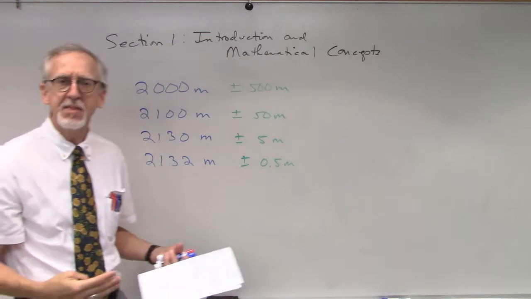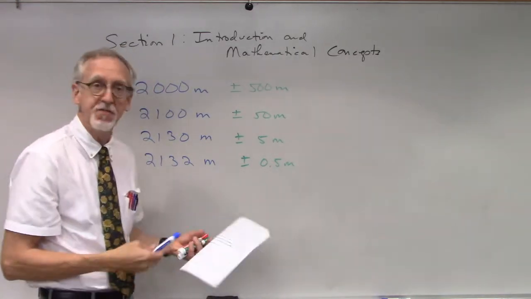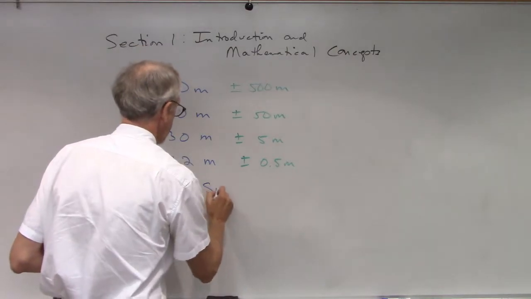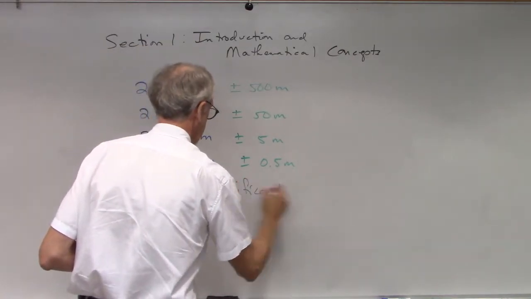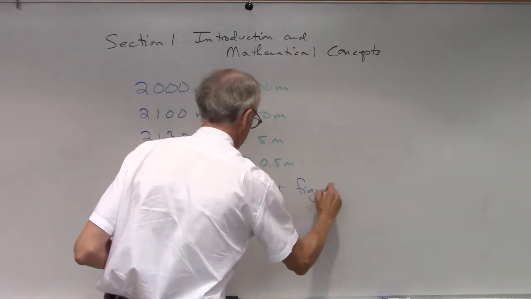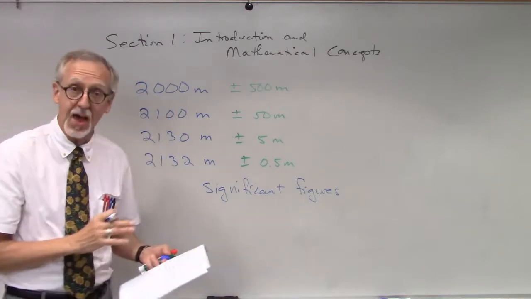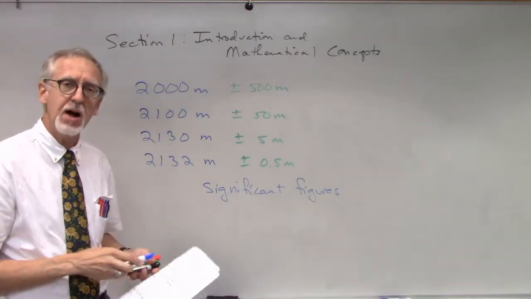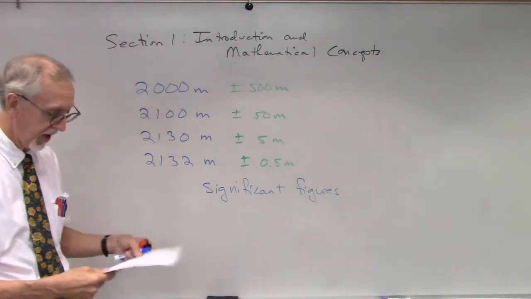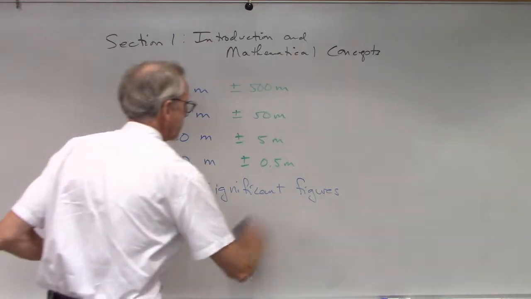Now, we'll talk about that very simply in terms of the number of significant figures, how many significant figures numbers have. And we will use that to describe the precision that values have. So how do we determine how many significant figures a number has?